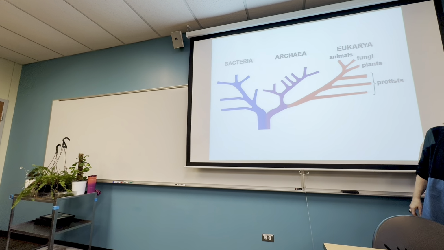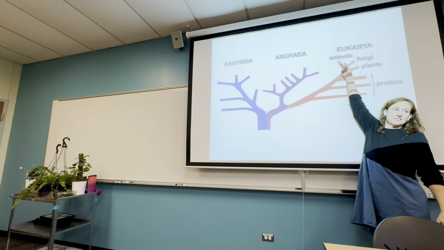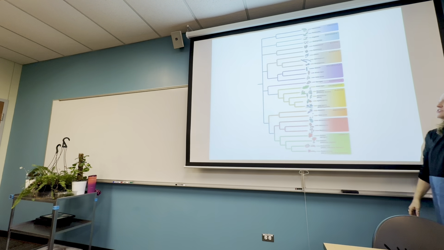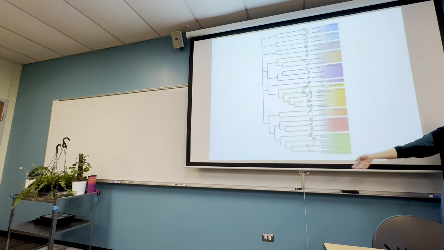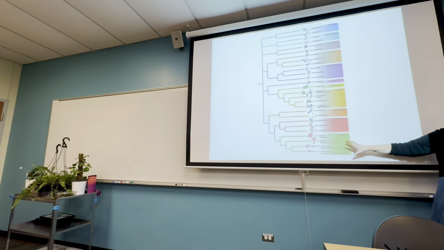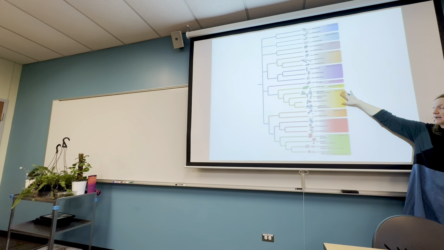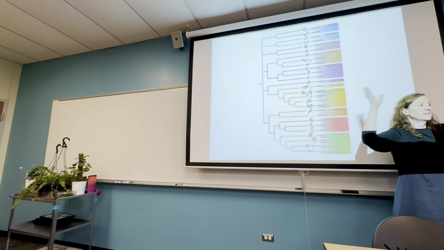Thinking about this tree, the majority of organisms are here. But does it look like there's a lot more organisms in the rest of this tree? Yeah, right? So this is just a small portion of all of life. And even within the Eukarya, here's the Animalia, here's the fungi, here's the plantae, and then all the rest of those belong to the Protista kingdoms.